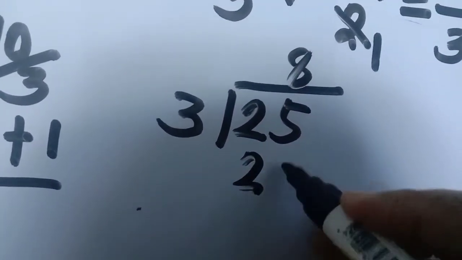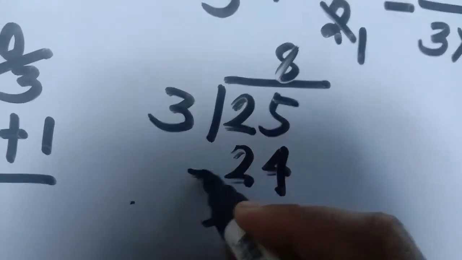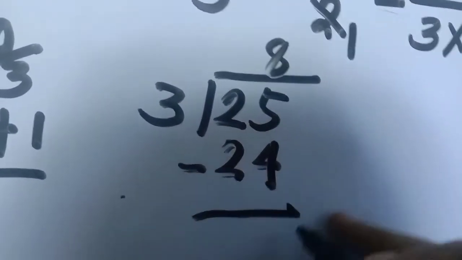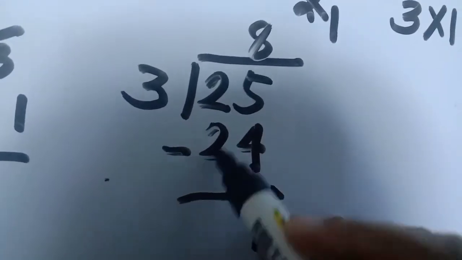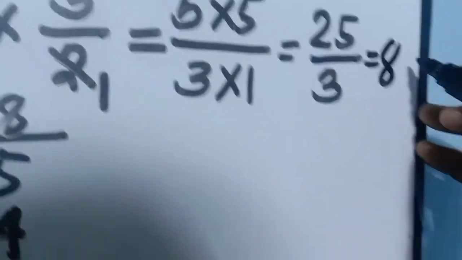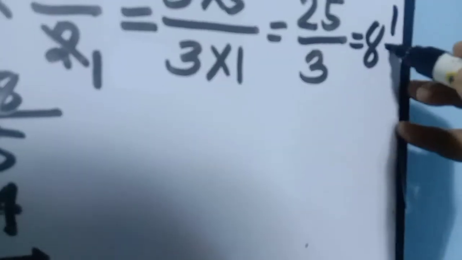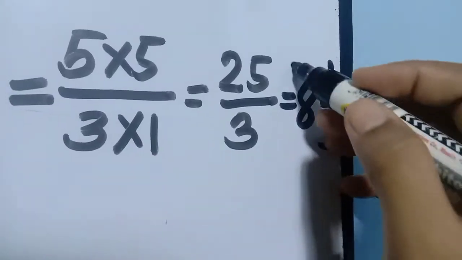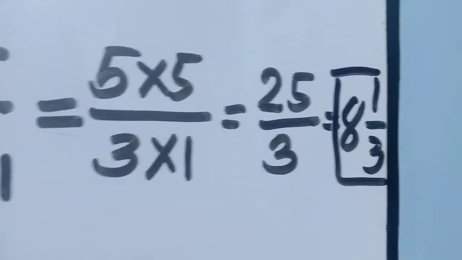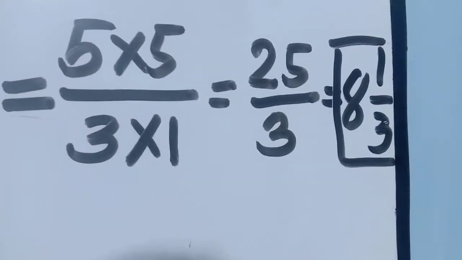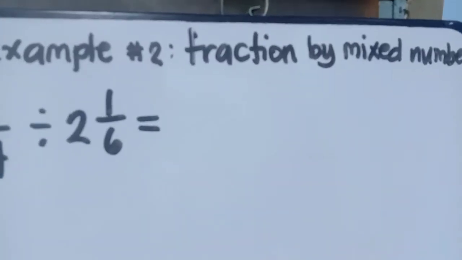So 8 times 3 is 24. Okay, 5 minus 4 is 1. 2 minus 2, 0. Okay, our answer now is 8 and 1/3. Okay, this is now our final answer. 8 and 1/3.